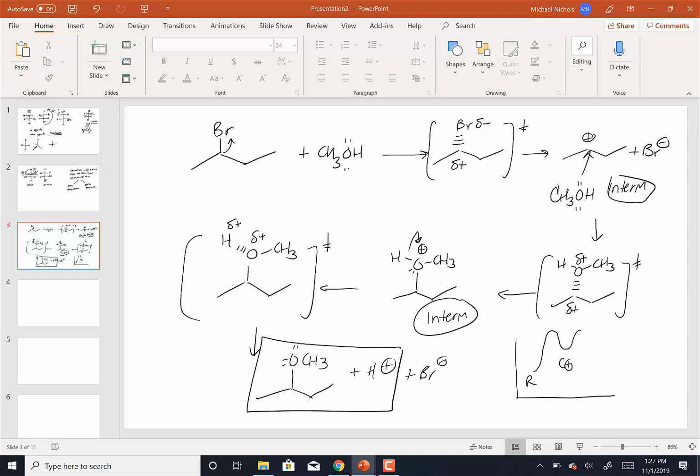Then I would go through the second transition state to get to the O plus. And then I would go through the third transition state to get me to the final product. So the reaction coordinate diagram for this would have 3 transition states and 2 intermediates. Every step has to have a transition state. So if this is a 3-step mechanism, there would be 3 transition states.